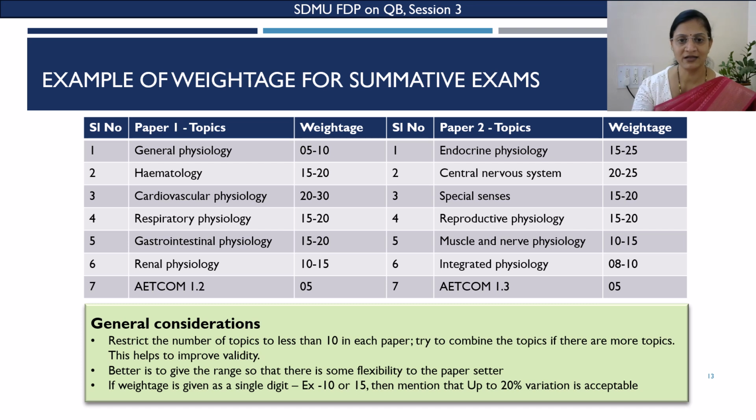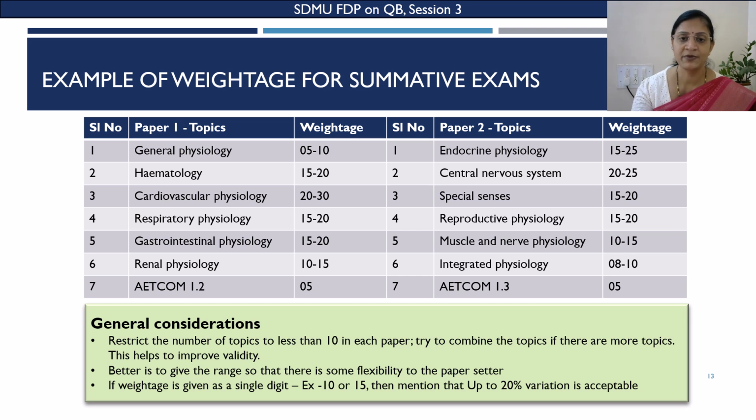You can restrict the number of topics to less than 10 in each paper, because if you create too many topics, subdivision of the topic, small mark allocation would be very difficult. And restricting this will improve the validity rather than giving more number of topics and little marks for each of the topic. So by restricting it, it improves validity.